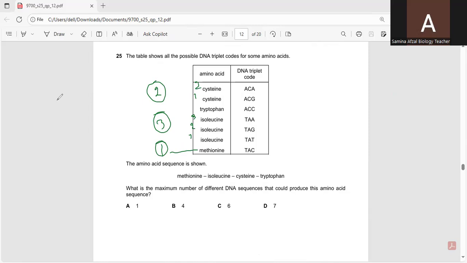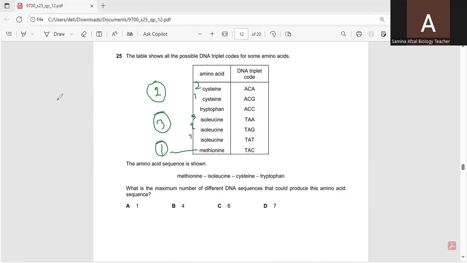For tryptophan, the table shows only one DNA triplet code. So methionine 1, isoleucine 3, cysteine 2, and tryptophan 1. So we will determine the total number of DNA sequences.